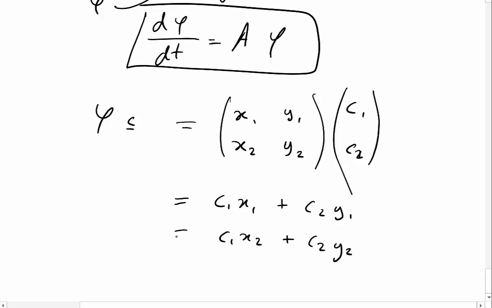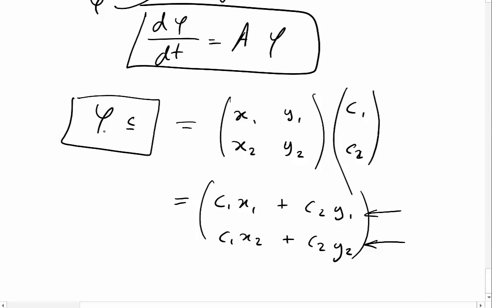Well, fairly obviously, this is just a linear combination of my fundamental solutions. So if I multiply my fundamental matrix by some constant, it's still going to be a fundamental solution.